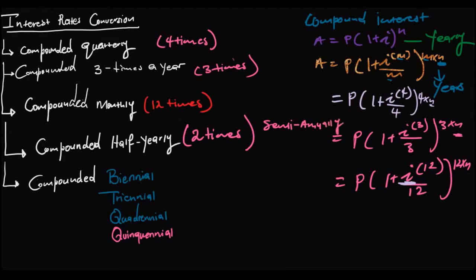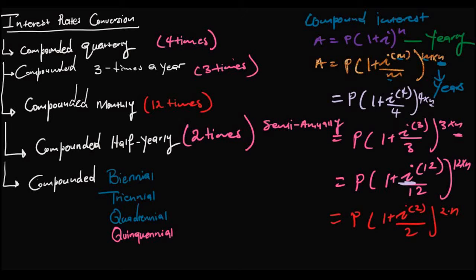How we treat this: P into (1 + i_2 / 2) exponent 2n, because it's 2 times a year. So you can see that what is important here is how many times a year you're going to be substituting here.